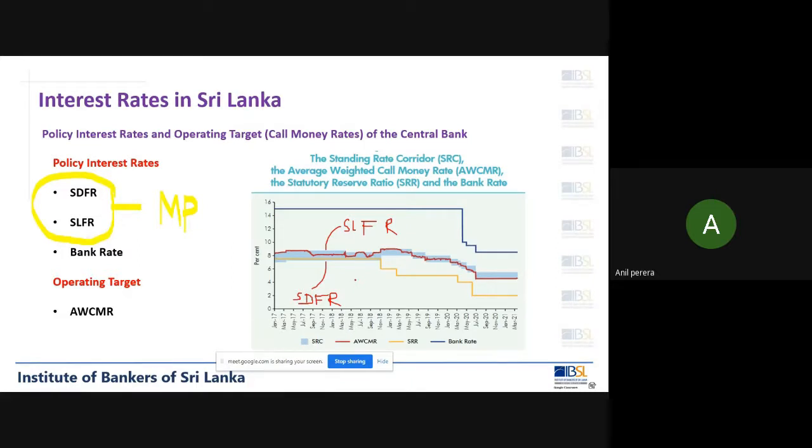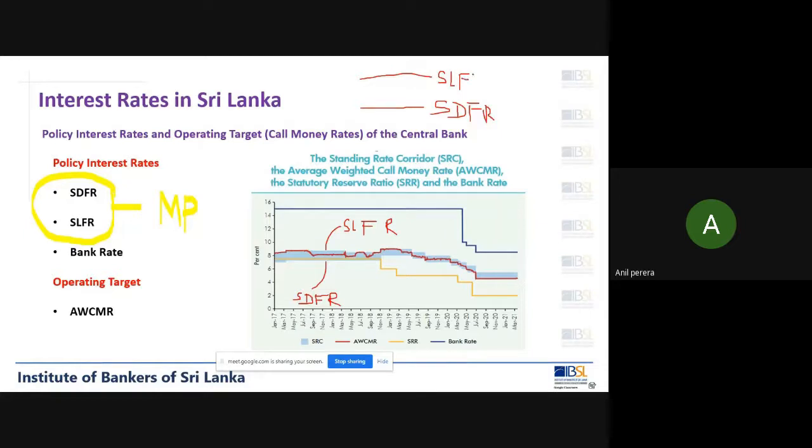Standing lending facility rate is the rate at which the commercial banks borrow their funds, shortages of funds, from the central bank. Standing lending facility rate is the rate at which the commercial banks borrow funds from the central bank for their funding needs. So these two rates work as a corridor. So I told you the lower bound and the upper bound. Lower bound is the SDFR, upper bound is the SLFR.